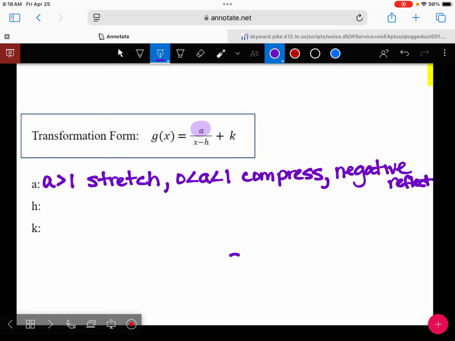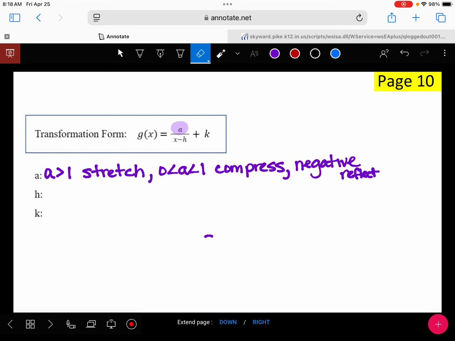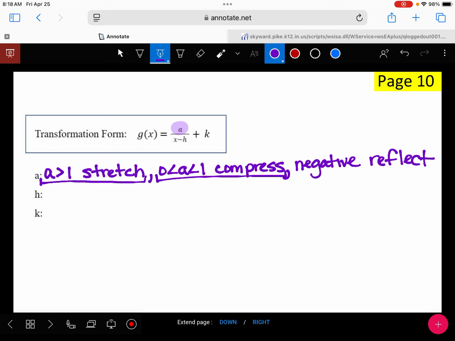So it has 3 superpowers. It can stretch it, compress it, or reflect it.